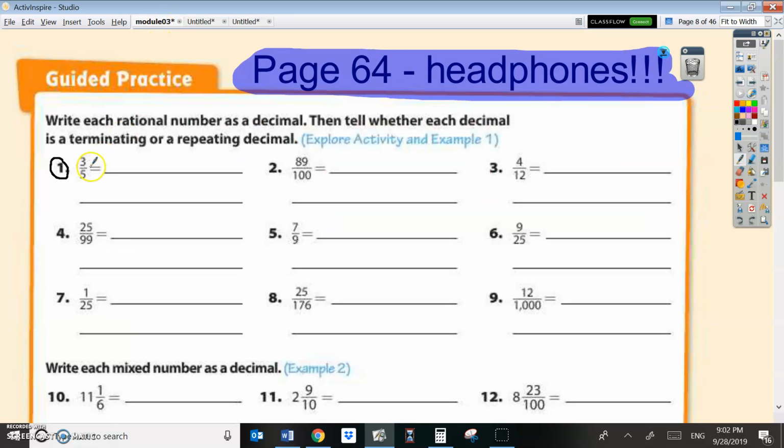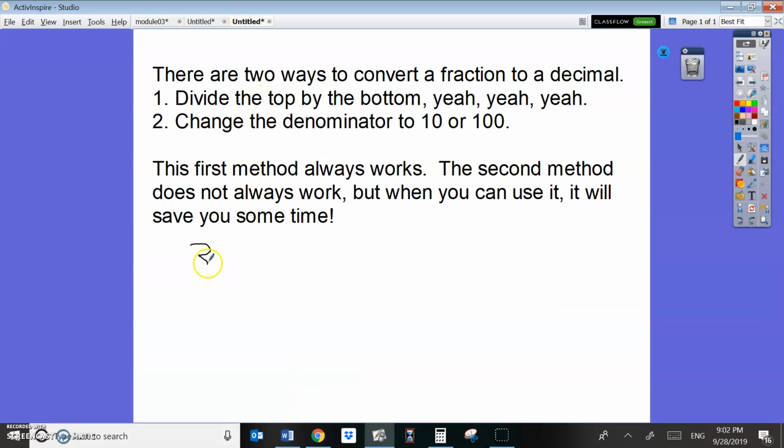So look at this first problem right here. Can you change 5 to 10 or 100? Yes. 3 over 5, so times 2 here, and over 2 times 2 there, equals 6 over 10. 6 over 10 is 6/10, just like that.